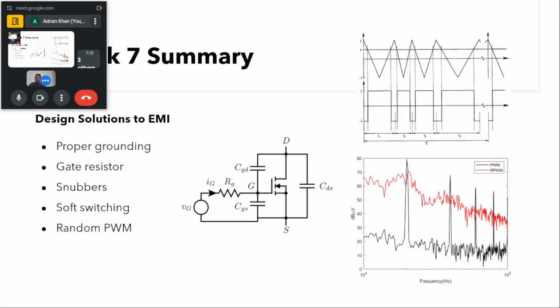and thereby reduce the EMI. But the downside is that because of this increased total turn on time, we can have more switching losses, which we had seen are dependent on the turn on and turn off time.